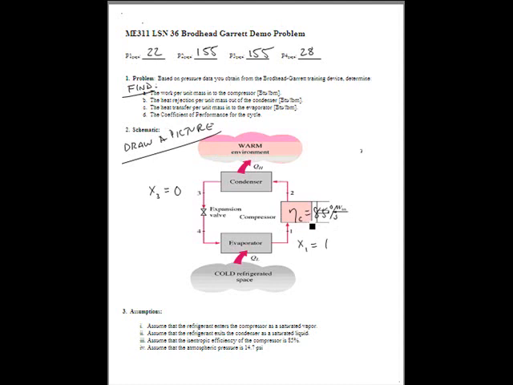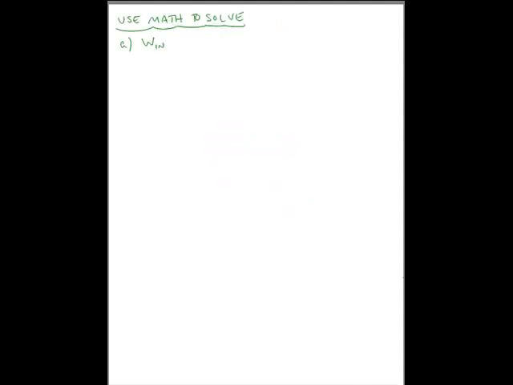Alright, so now we can use some math to solve this. I'm going to find the work in for part A. Because it's per mass and we have one inlet, one exit, steady flow, my equation is enthalpy 2 minus enthalpy 1 is the work required by the compressor. I know for state 1 two properties.